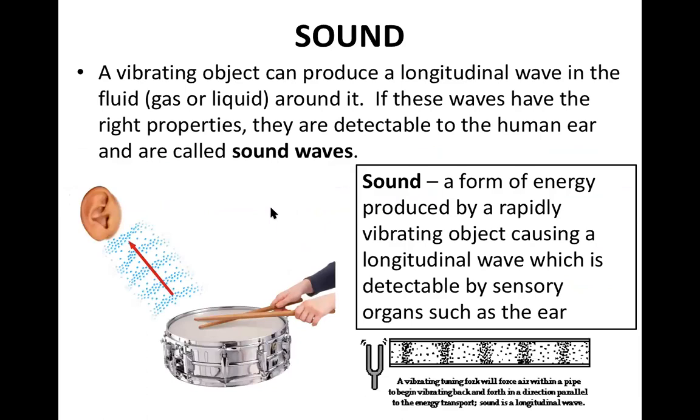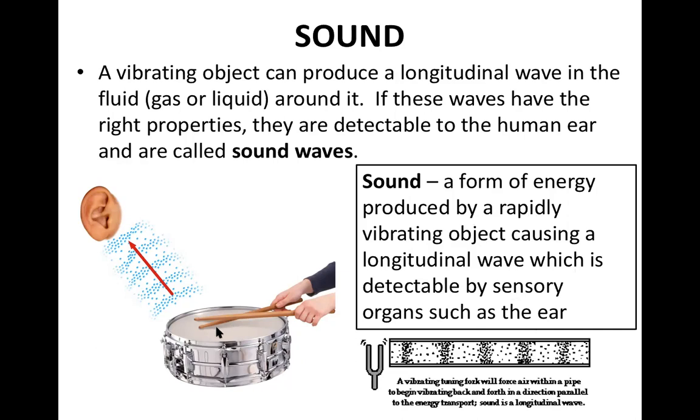So what is sound? Sound is a form of energy produced by a rapidly vibrating object causing a longitudinal wave, which is detectable by sensory organs such as the ear. Let's say you hit the membrane of a drum, and that drum membrane is going to vibrate up and down.